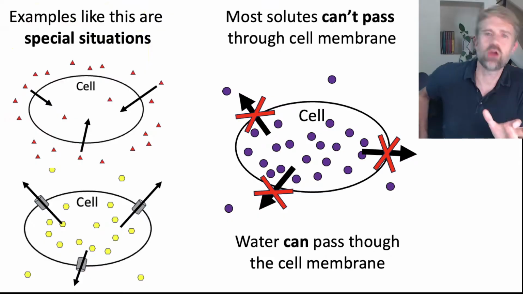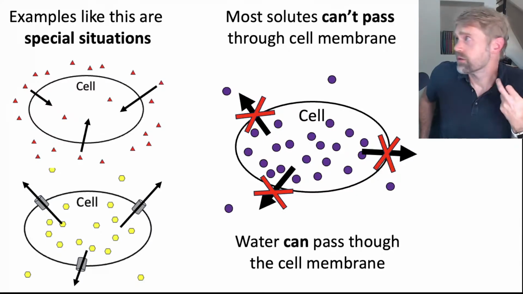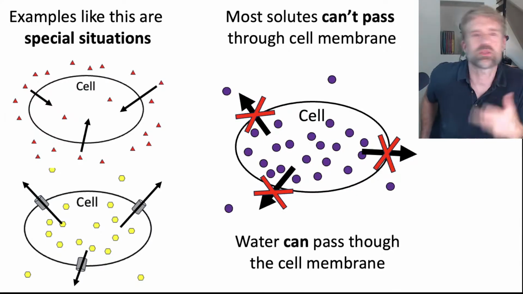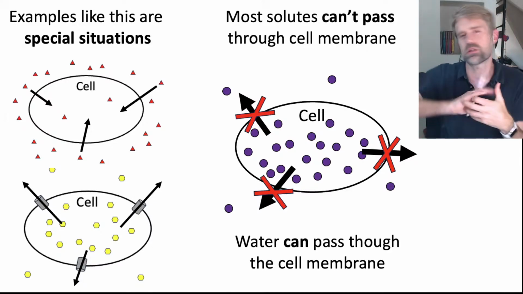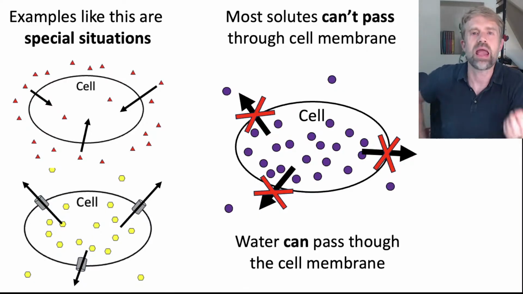most solutes in a cell and in living things can't pass through cell membranes. Most of the stuff that's in a cell can't get out. There's proteins, there's DNA, there's RNA, there's amino acids, there's just thousands of things, all this stuff inside of a cell, and only a tiny amount of it can get out.